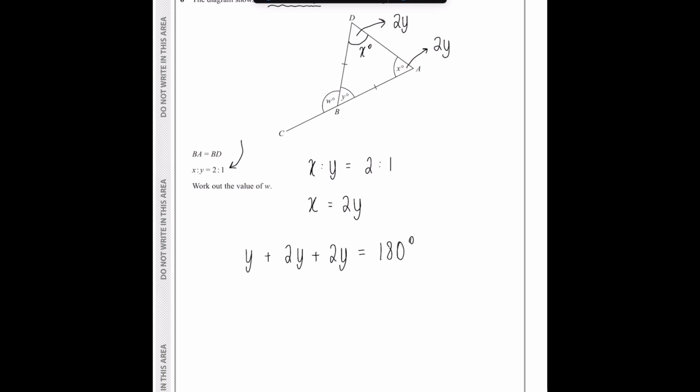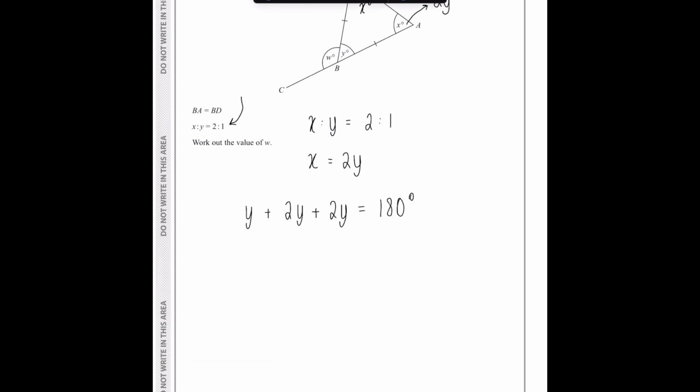From here, we've got 2 lots of a Y, 2 lots of a Y, and 1 lot of a Y. So we can write it as 5Y, and that's equal to 180 degrees. From here, Y is now equal to 180 divided by 5. Now 180 divided by 5 gets us 36 degrees. So that's what Y is equal to.